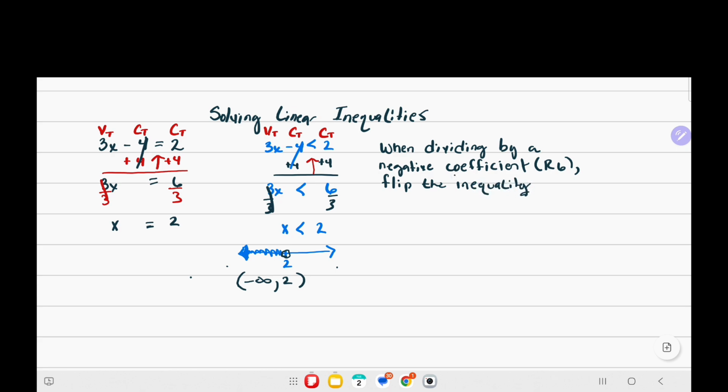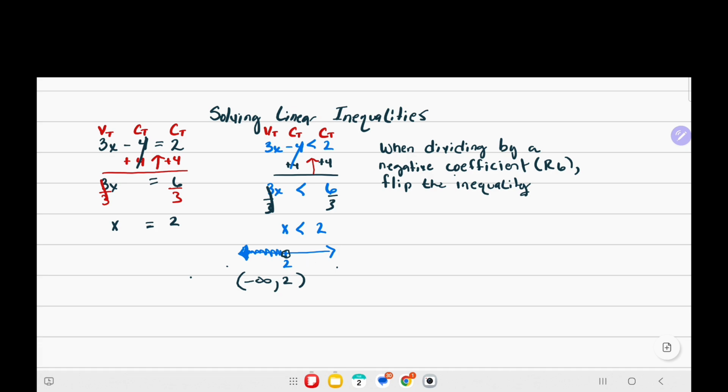That's it. When dividing by a negative coefficient, which is rule 6, make sure we flip the inequality. So over here, if that was a negative 3x and we divided both sides by negative 3, the inequality would go the other way.